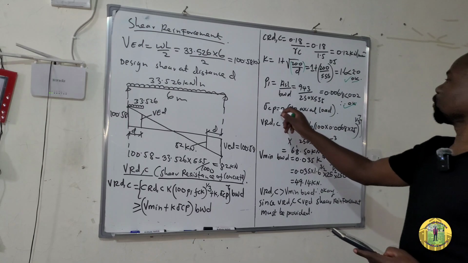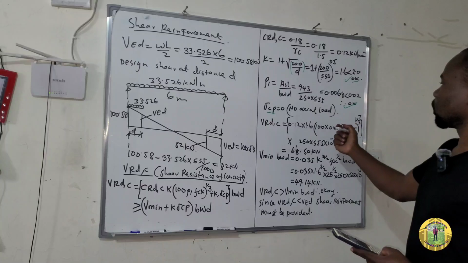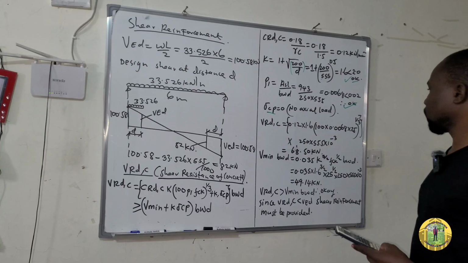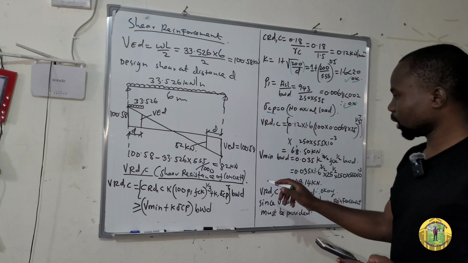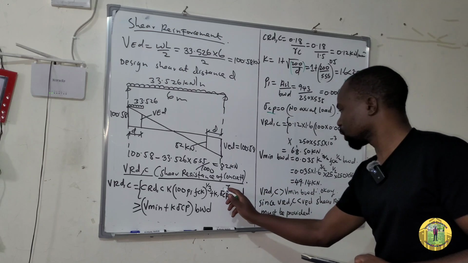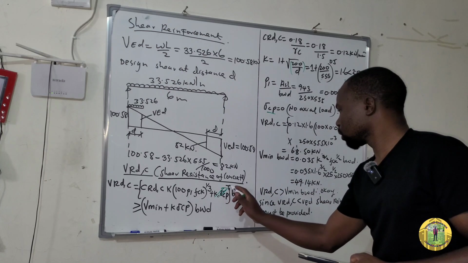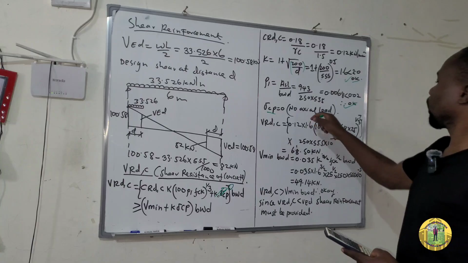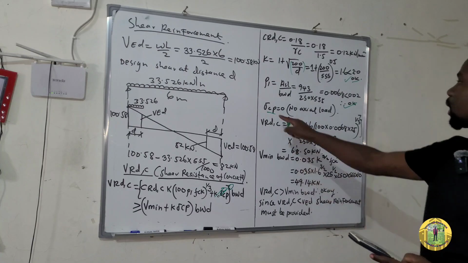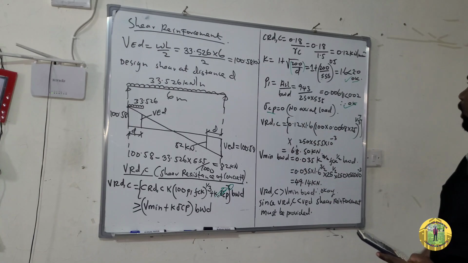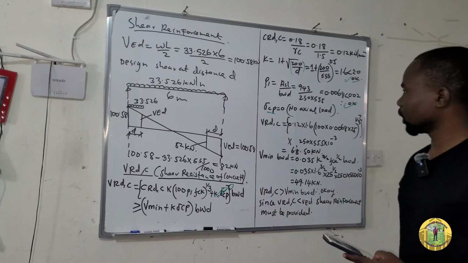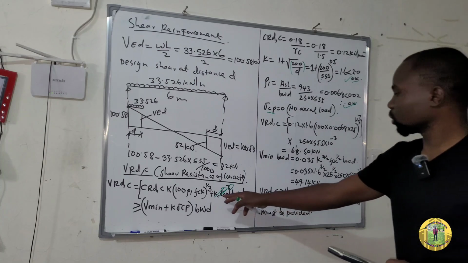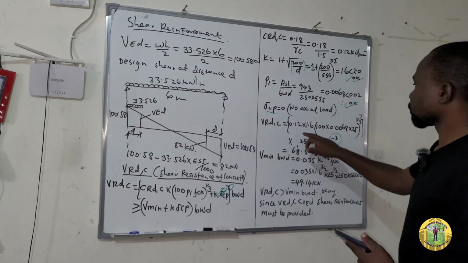Then this one is for axial load; there is no axial load, so it is equal to 0. It is the compressive stress as a result of the axial load. So it's equal to 0. So we'll ignore this one. So K1 times 0 is 0.